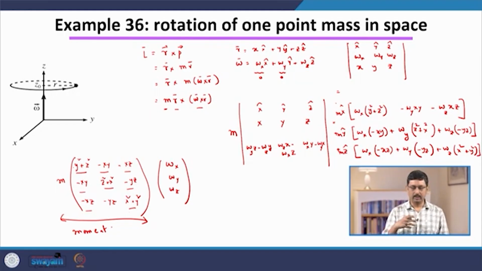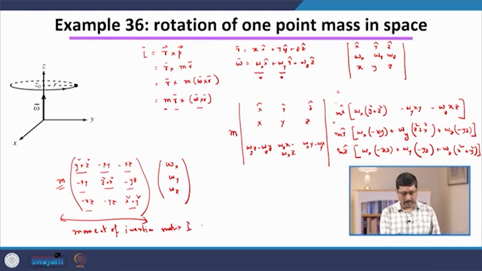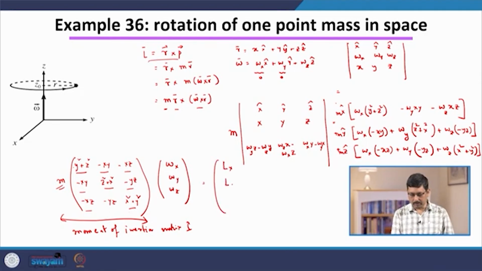So, we can redefine the product of inertia with a negative sign. If we do that, then this matrix including this mass m is going to be our moment of inertia matrix I, and this product is going to give us the components of the angular momentum.